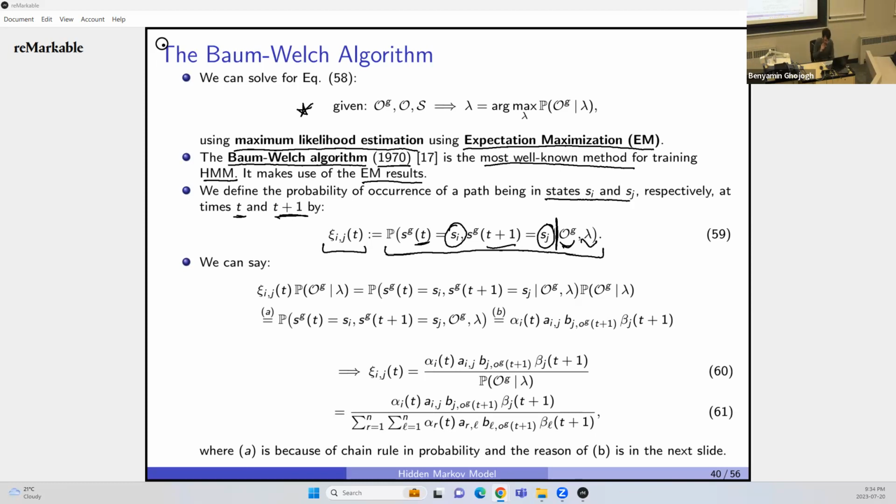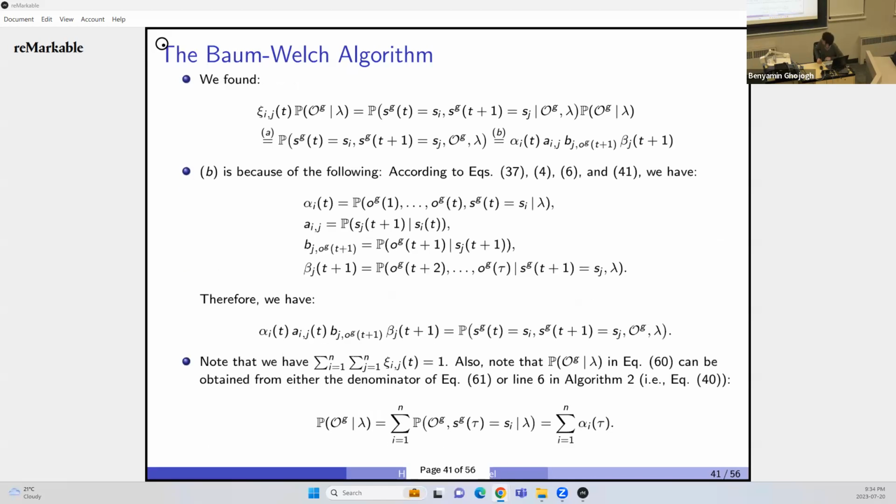So we can say this. I have this, and I also multiply it by this term. Then, according to the chain rule in probability, this becomes a joint probability of them. Then this B, we want to see why it is equal to this. Let's prove it. In the next slide, I'm proving that.